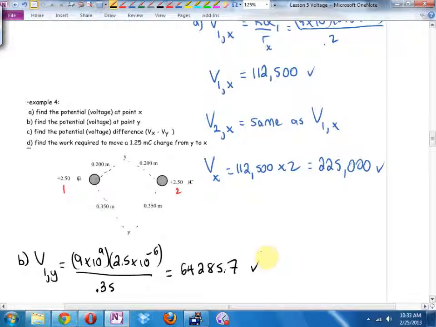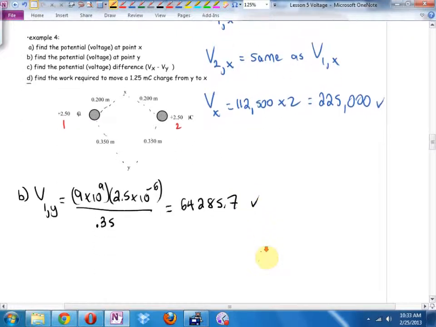Oh, I should also find the voltage from charge 2 at Y. You mean it's, again, the same magnitude as charge 1 and the same distance as charge 1?